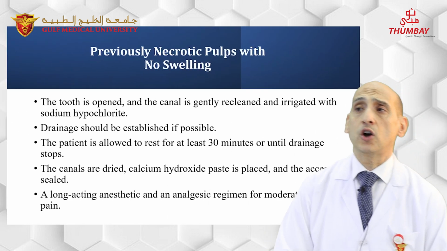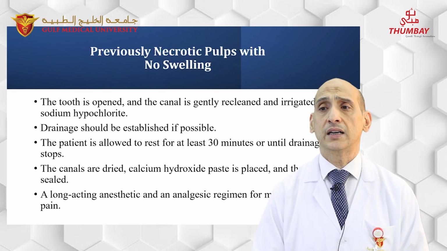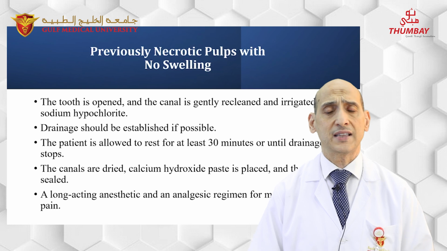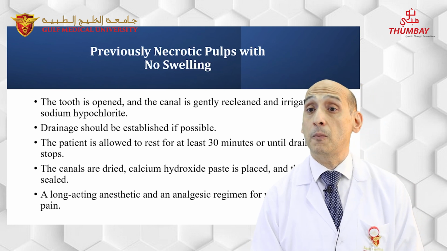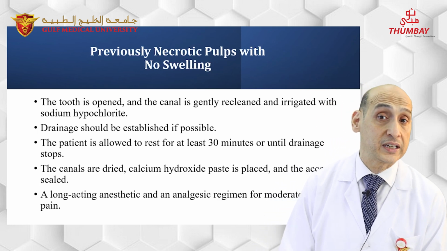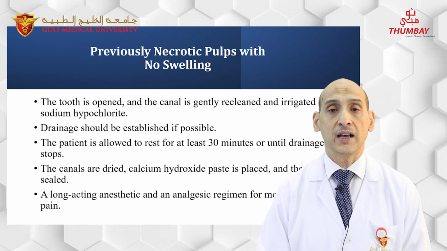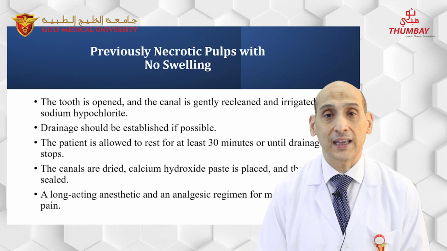A previously necrotic case with no swelling. Here the case was previously necrotic and after the first visit, and this is very common, the patient came to me complaining of pain or swelling. Here I'm going to manage the case again. As I mentioned, I'm going to debride the canal again and irrigate the canal.